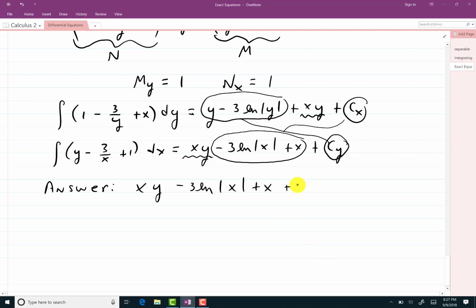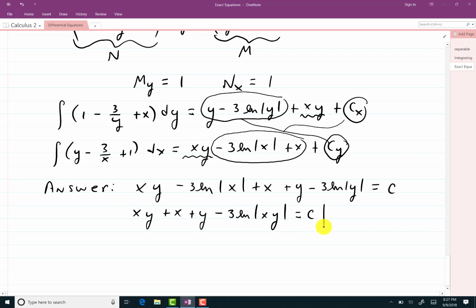So I get plus y minus 3 ln absolute value of y. And that, as we know, is equal to a constant. So you can leave it like this. I'm perfectly happy with that. I, being the instructor, will go ahead and combine my ln's. And I'll get xy plus x plus y minus 3 ln absolute xy equals a constant.